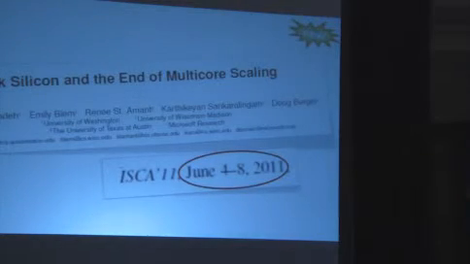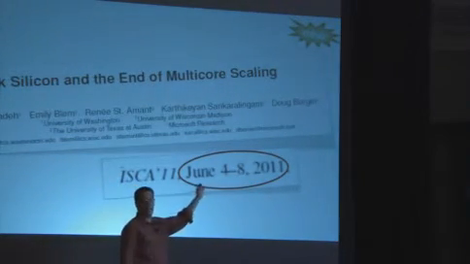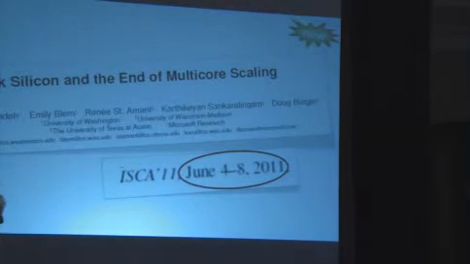And you might have noticed this new paper that just came out in June at the International Supercomputing Summit, Dark Silicon and the End of Multicore Scaling, an excellent paper to read. Here's a new slide. It does projections based on models, and as soon as you say that, you should have a grain of salt, a big one, in your mind.